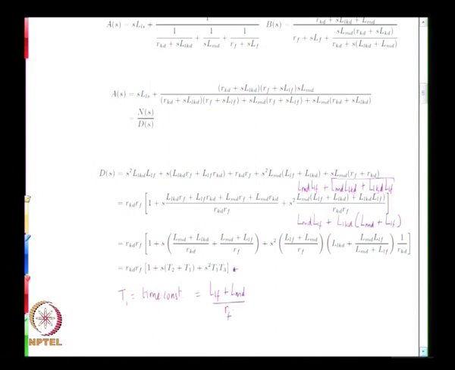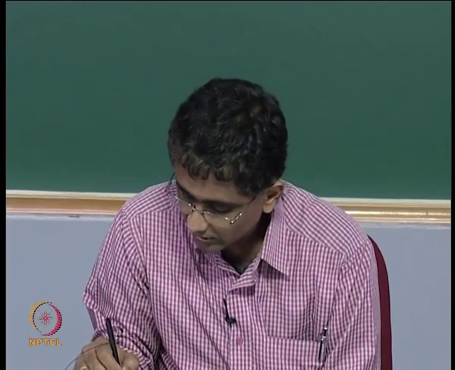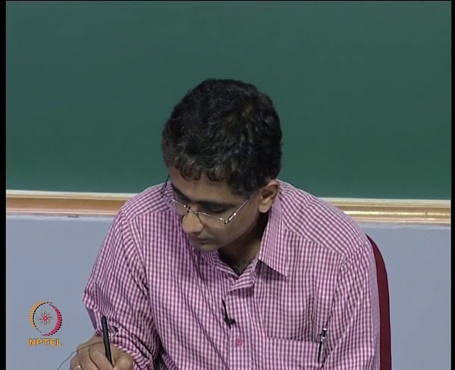So, if we look at what this is, LMD is the direct inductance plus the leakage inductance of the field, together it constitutes the self inductance of the field, the ratio of that to the field resistance, and therefore this is nothing but the field time constant.